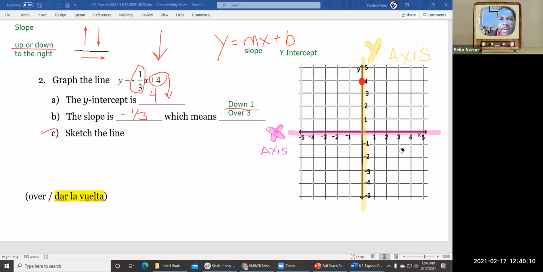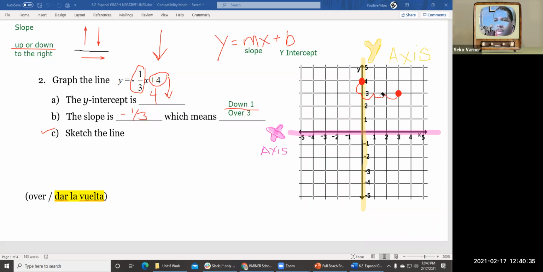Okay, now the line goes down 1/3. So I'm going to go down 1, 2, 3. So that's where my next point is going to be, right there.